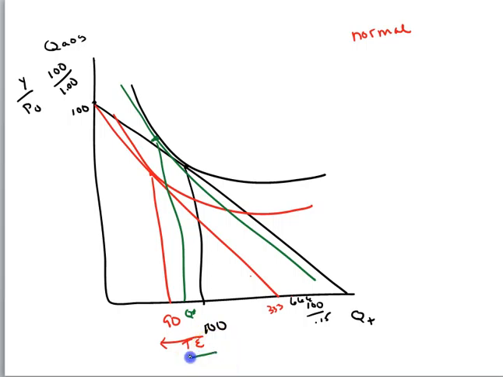The substitution effect says, trash became more expensive, I substitute out of it. The income effect says, as real income decreases, and it's a normal good, I'll take less of it. So the income and substitution effect go in the same direction, I've decomposed it into a substitution and an income effect, and the consumer moves from demanding 100 pounds of trash to 90 pounds of trash.